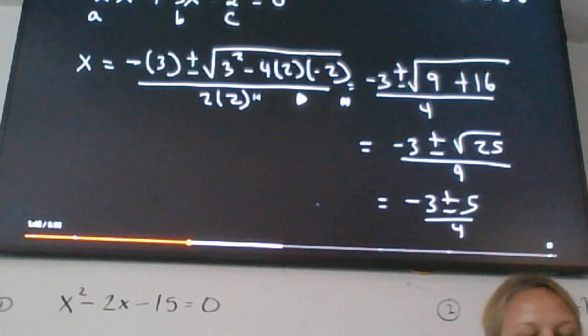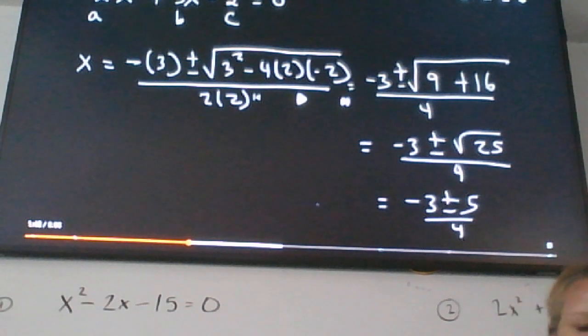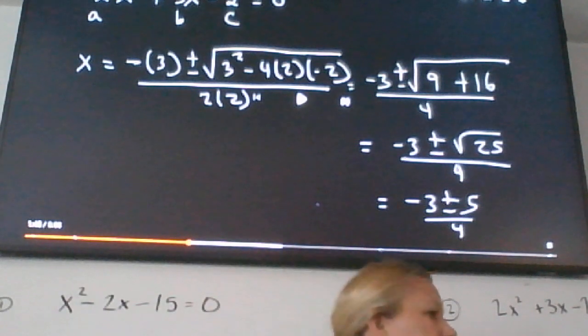Okay. Anybody have a question about this? I'll let you look at it for a minute. The 16 is the most difficult number to get right. That 4 times 2 times 2 is the most difficult part to get right.